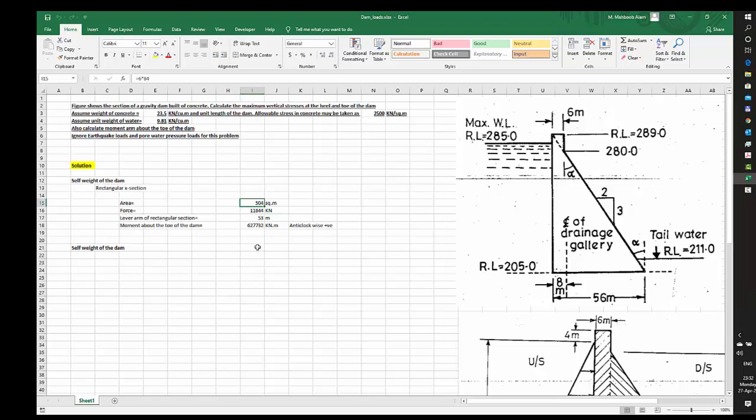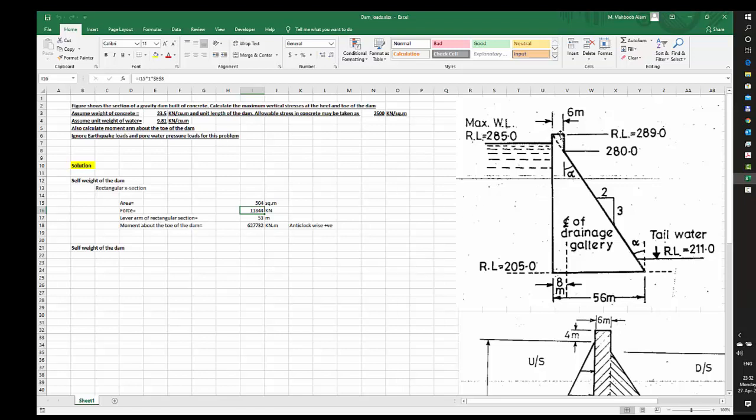Fine. If I have this area and I know the unit weight of concrete, 23.5, I multiply 23.5 with this total area, and I'll get the force in kilonewtons, 11,844. Now let us look at the lever arm of the rectangular section.